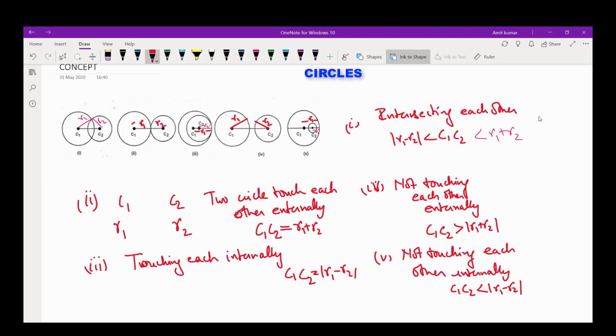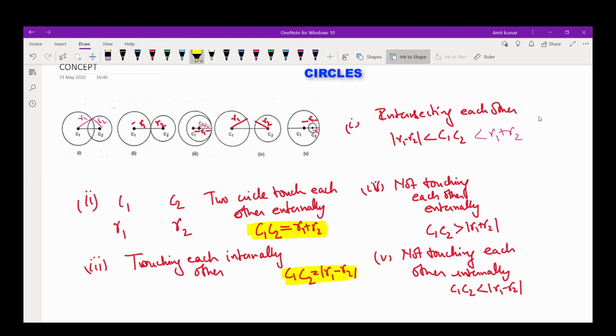To summarize: when two circles are touching each other externally, then C1C2 is equal to R1 plus R2. When two circles are touching each other internally, then the distance between their centers is equal to mod of R1 minus R2, from diagram 3.